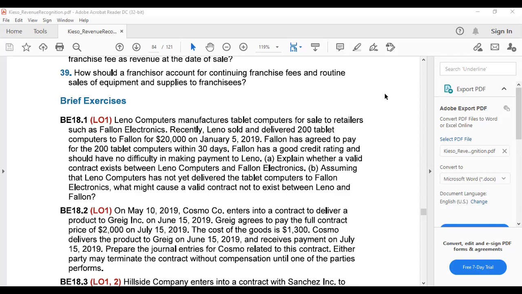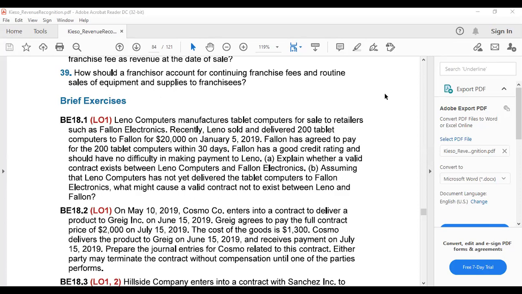What is step 2? Identify the performance obligation in the contract. So what is the obligation here? The commitment to deliver, right? Who's the seller here? Lino. Okay.